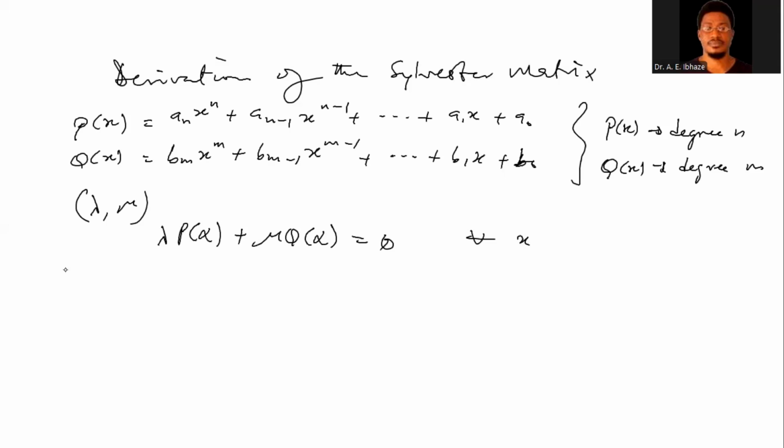So here we say that we multiply q of x by powers of x up to n minus 1, and then p of x by powers of x up to m minus 1. So we could construct the polynomial system.